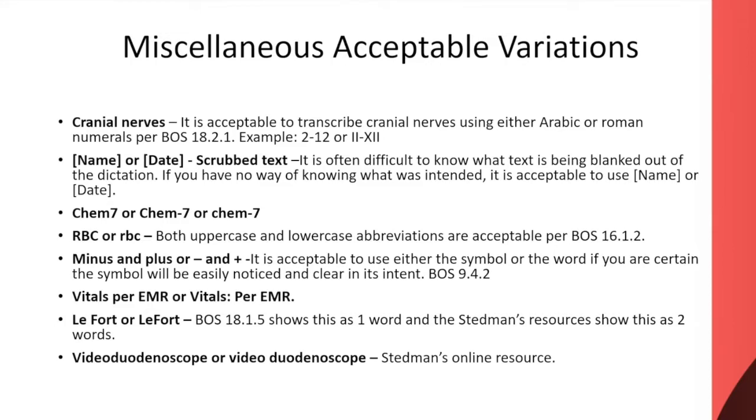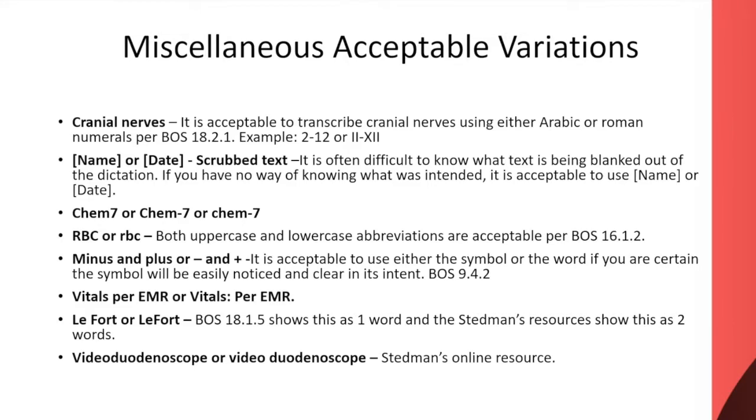But as a heads up, when it comes to a blood type, so if they say A positive, you have to write out the word positive. That is the exception to that rule.